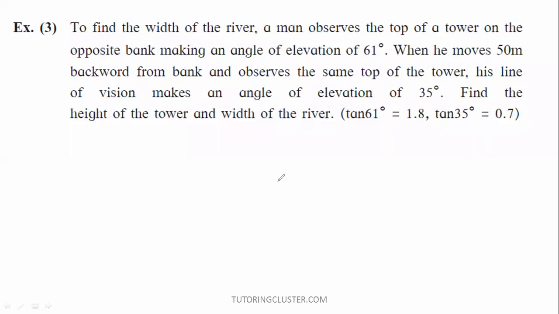To find the width of the river, the man observes the top of the tower on the opposite bank, making an angle of elevation of 61 degrees. Okay, so there is a width. So consider there is a building here.